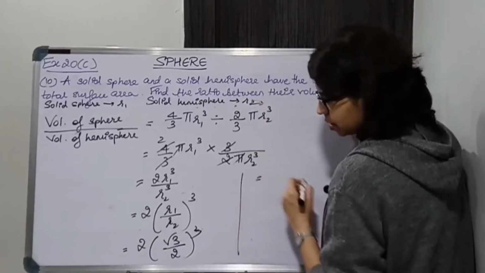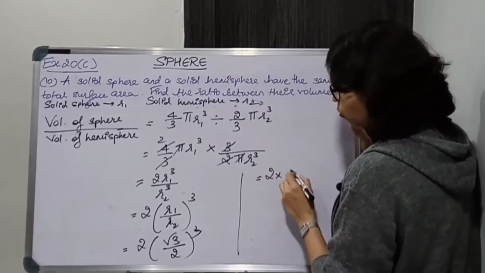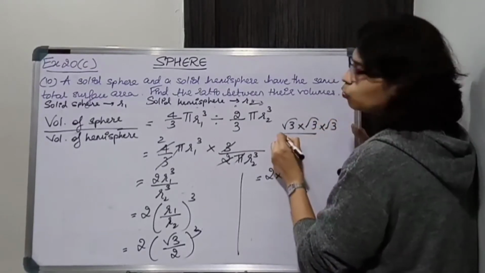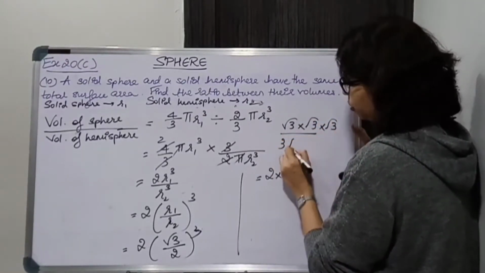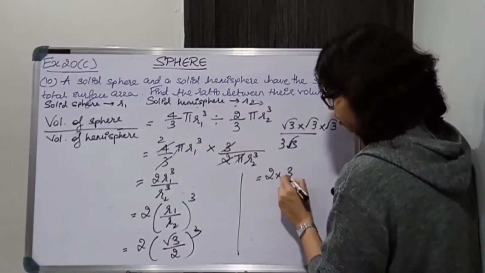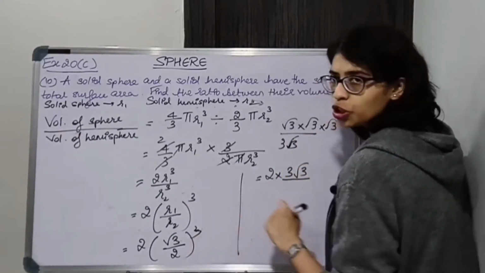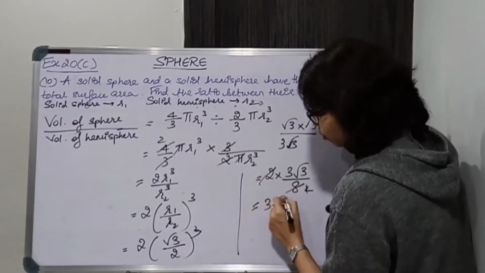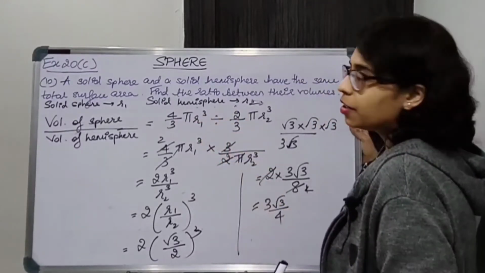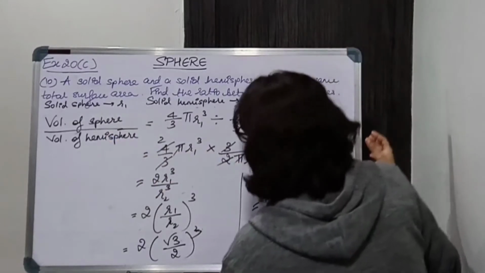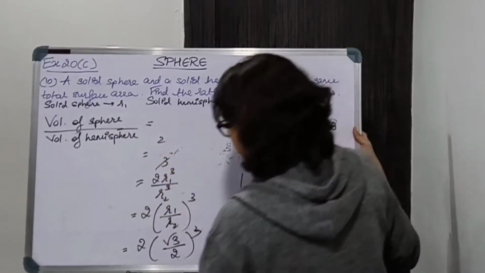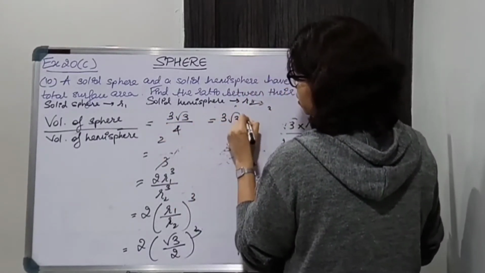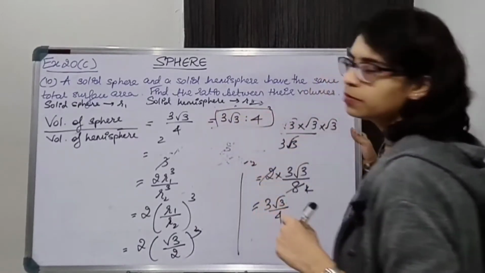So this is equal to 2 into √3 का cube, √3 into √3 into √3, √3 into √3 give 3. ठीक है, and ये √3 as it is रहेगा, so 3√3 upon 2 cube. 2 2s are 4, 4 2s are 8, so 3√3 upon 4. So ratio of the volumes is 3√3 upon 4. So it is 3√3 upon 4, that is equal to 3√3 is to 4. Okay.